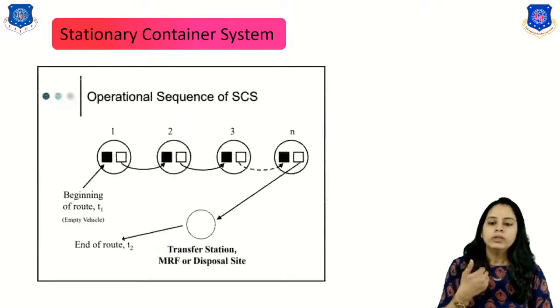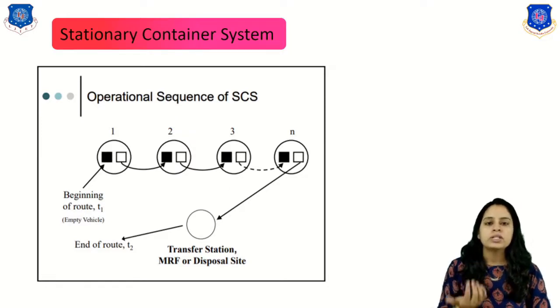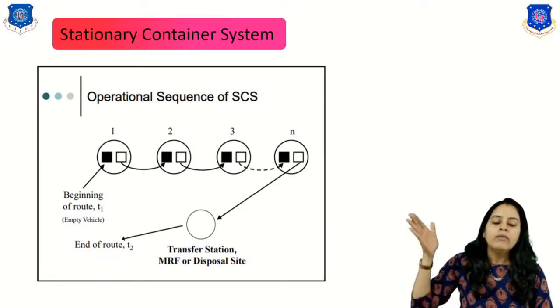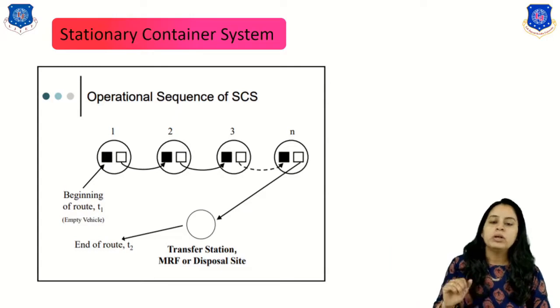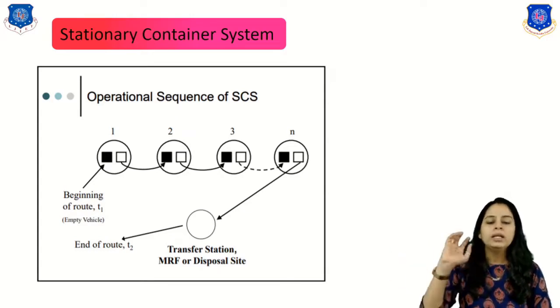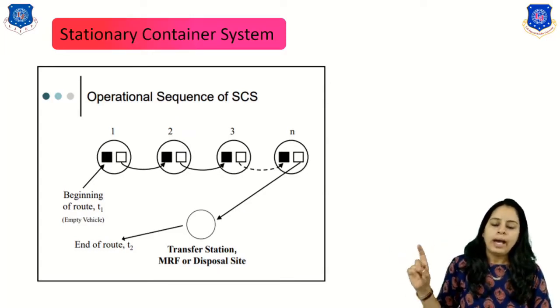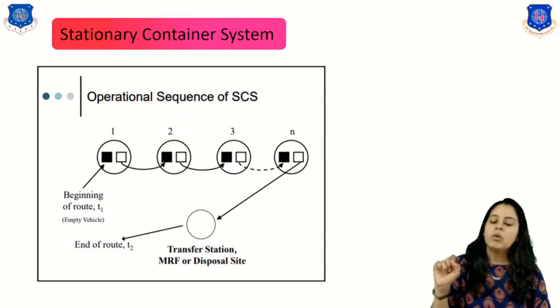Here is the figure of the operational sequence of the stationary container system. First, you can see the beginning of the route, T1. The black square indicates an empty vehicle, and the white box means a loaded vehicle.